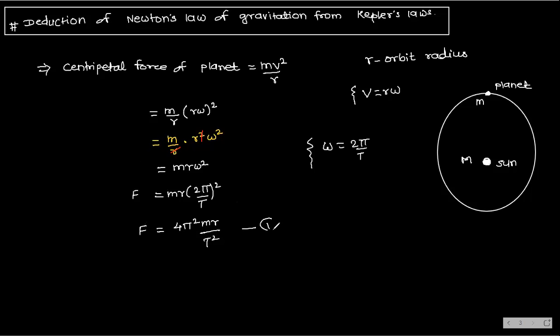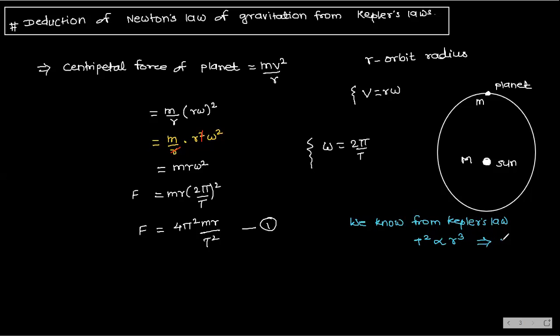Okay, call this equation number 1. Now we know from Kepler's law that T square is directly proportional to r cube.